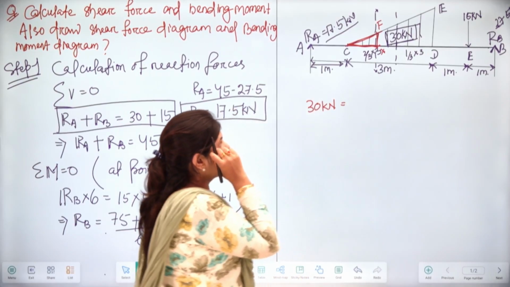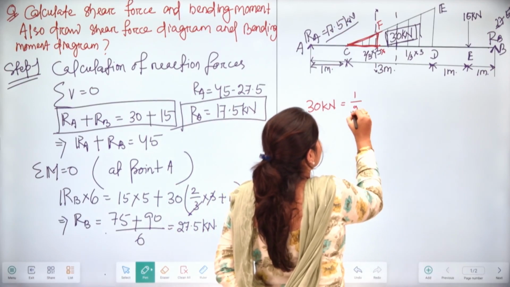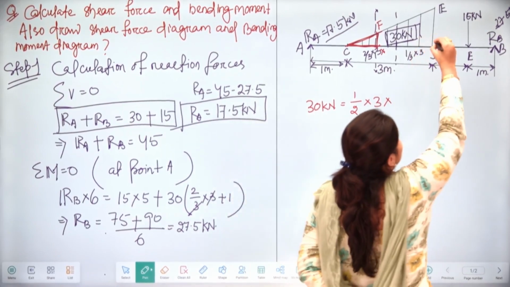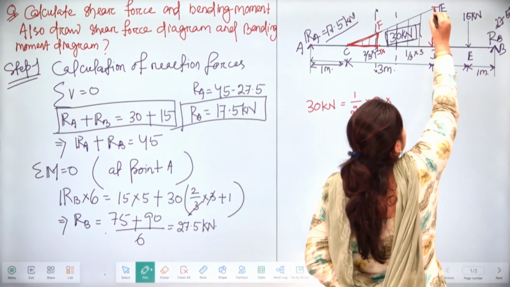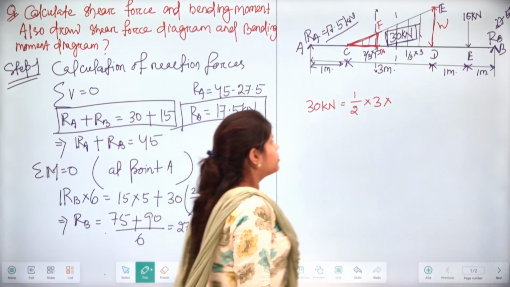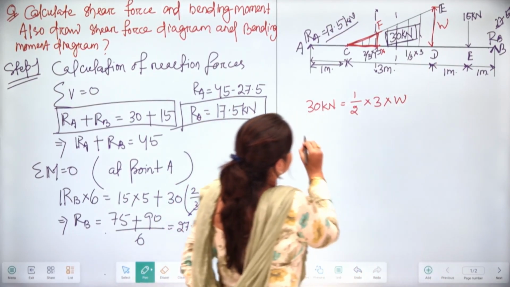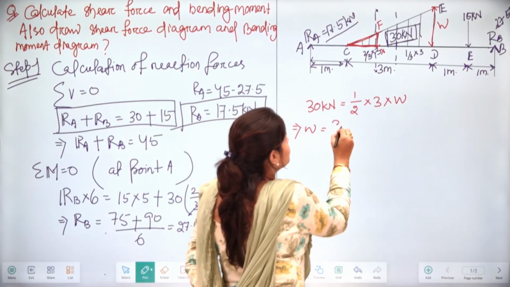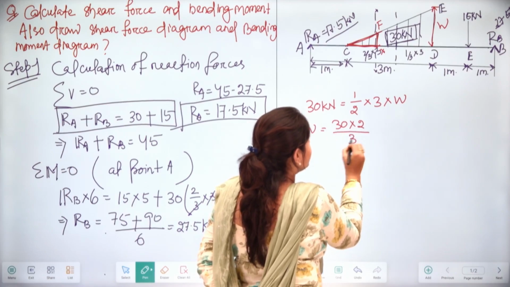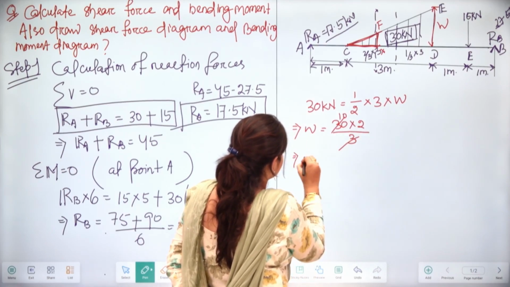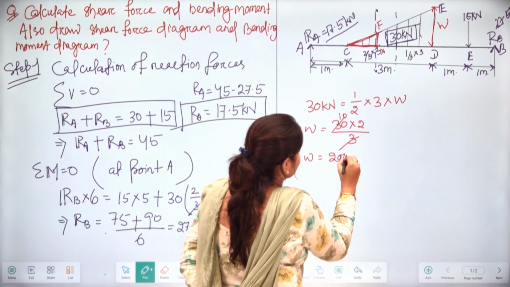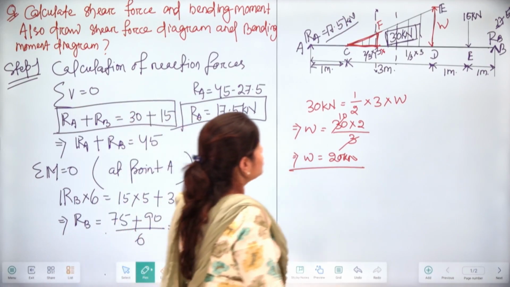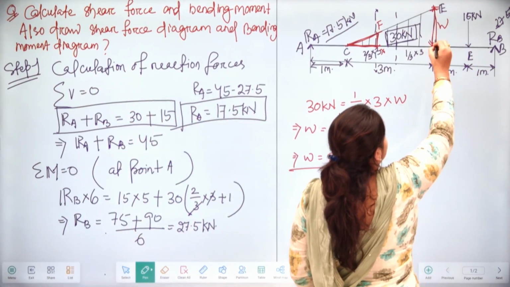So this 30 kilonewton is half into the distance, that is 3, multiplied with the load here. This is our W. So what is this W? Let's find out. W will be 30 into 2 by 3, W is equal to 20 kilonewton.